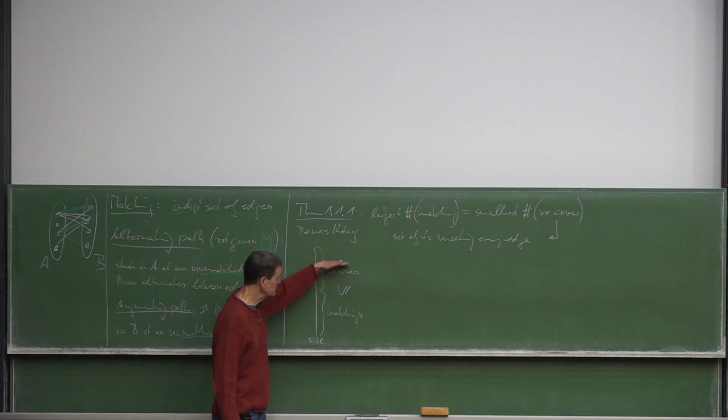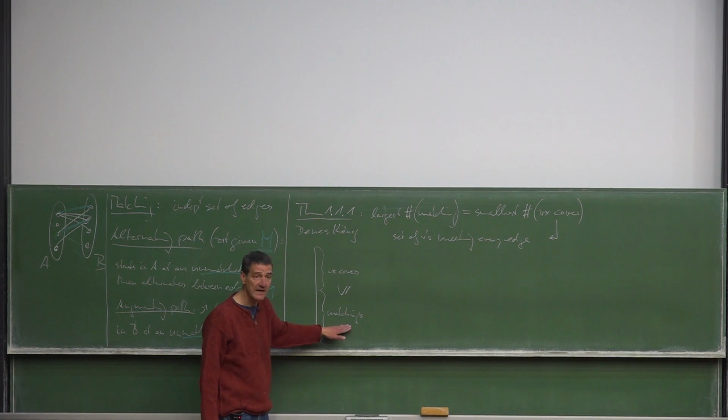A vertex cover must be at least as large as any matching, because we have to cover, in particular, the edges, the independent edges in this matching. And we need as many vertices to cover just those as the matching has elements, because they're all independent.